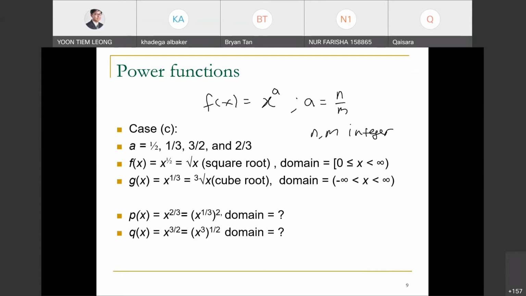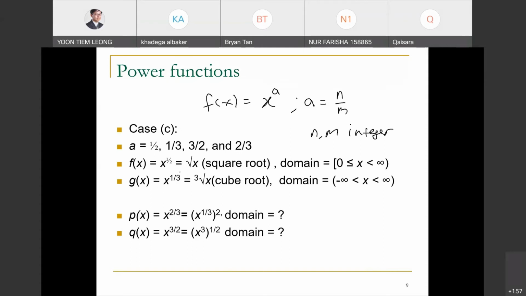So for these functions, the function is defined only for x that is positive. If x is negative, then the function cannot be defined, right? So the square root of a negative value is not defined. So the domain is only positive values.